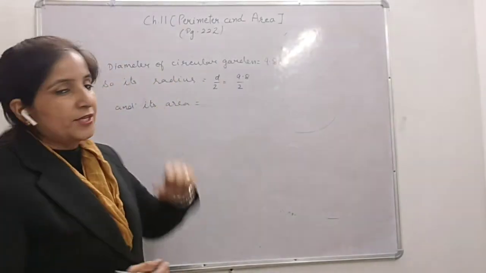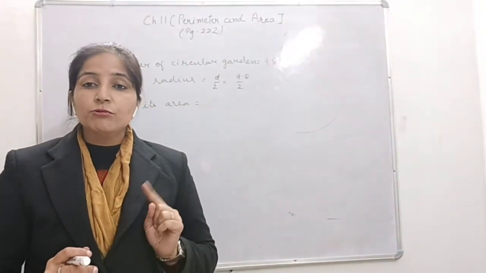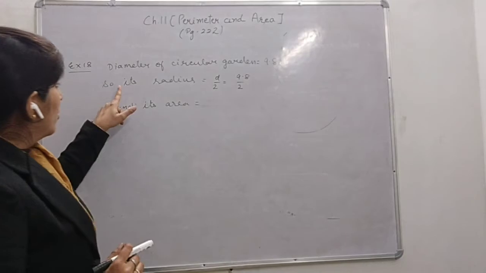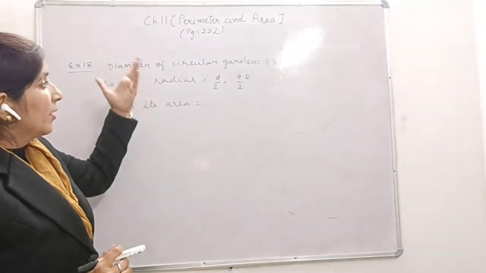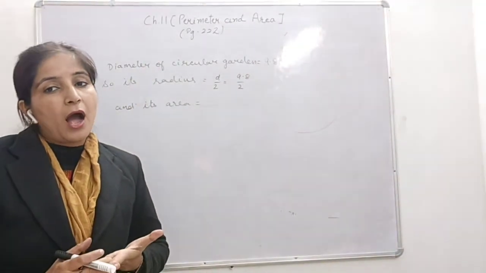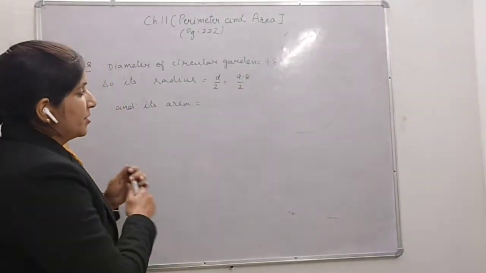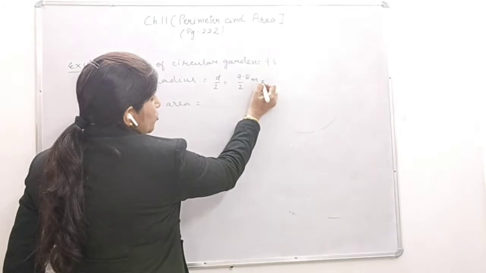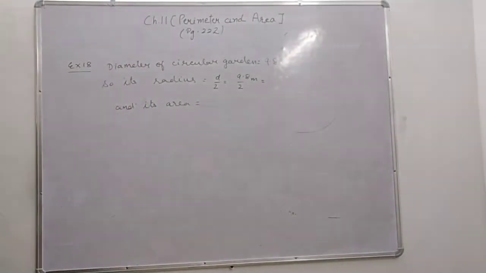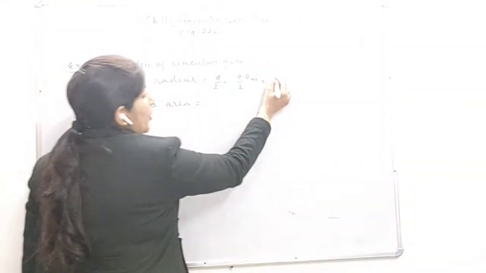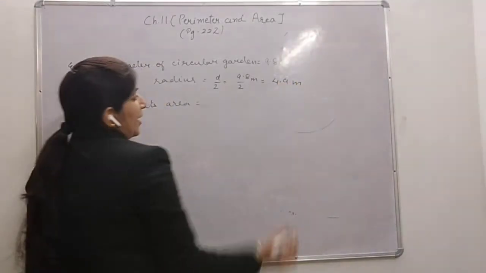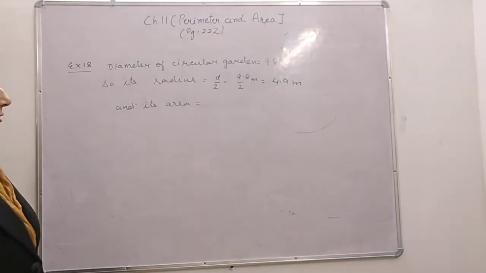But here diameter is given, so we need to find the radius. Radius is always exactly half of the diameter, so d by 2. Diameter is 9.8 meter, so d by 2 will be 4.9 meter, which is the radius of the circular garden.